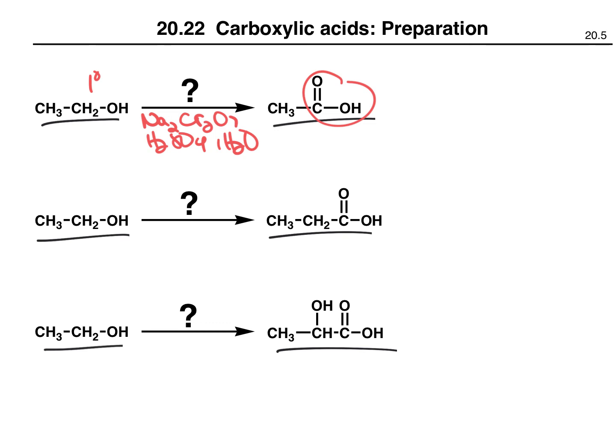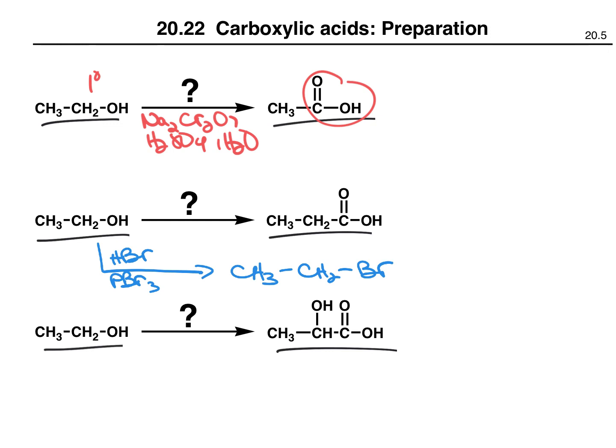In our next example, we are going from a primary alcohol to a carboxylic acid, but we started with 2 carbons and our target has 3 carbons, so we need to add an extra carbon. So we can treat our alcohol with HBr or PBr3 to give an alkyl halide.